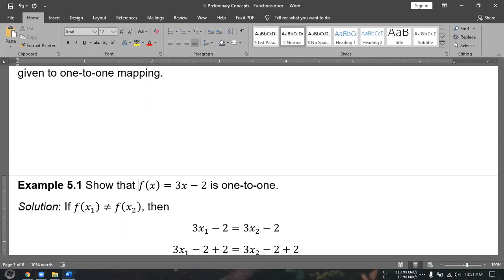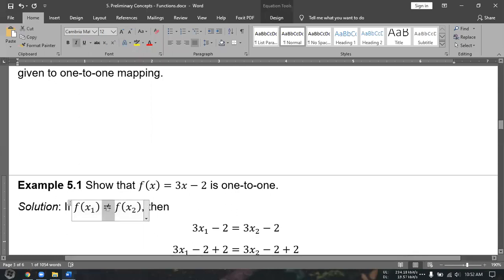This only means to say that for every value of x, there is a unique value of f of x or y. Right. So our solution, since unique yung y's natin, our f of x, therefore, two distinct values of x should have different values of f of x. So ito ang ibig sabihin nun. If we use x sub 1 and x sub 2, their functions must not be equal.